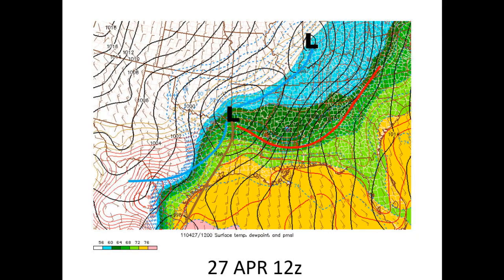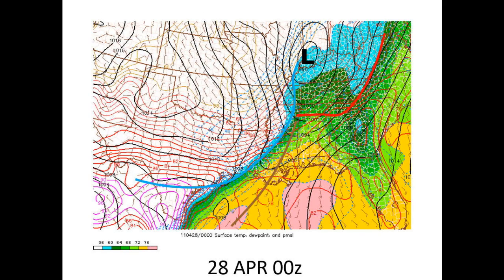The morning, it's consolidated into a closed cyclone close to the Arklatex, and we have the boundary that I've denoted as the warm front in red across Mississippi, Alabama. That's kind of the conglomerate of outflow, and we'll look at that in a little bit more detail toward the end of the examination of this case. But very rich moisture to the south of that boundary, ready to surge northward during the day, and that's actually what happened.